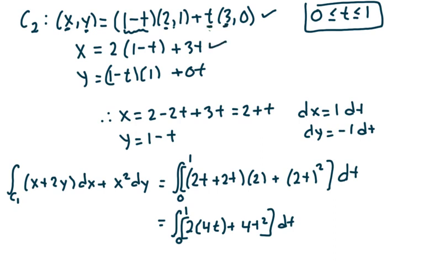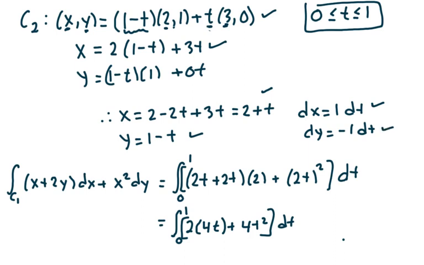That's right here. y is (1 − t) times 1 plus t times 0, or 0t. And so when I simplify, I get x equals 2 + t, and y equals 1 − t. dx is 1 dt.